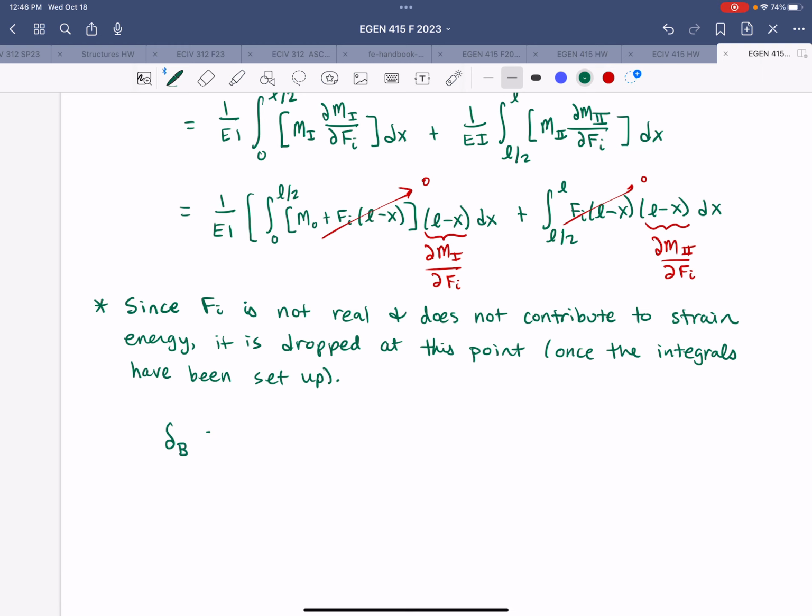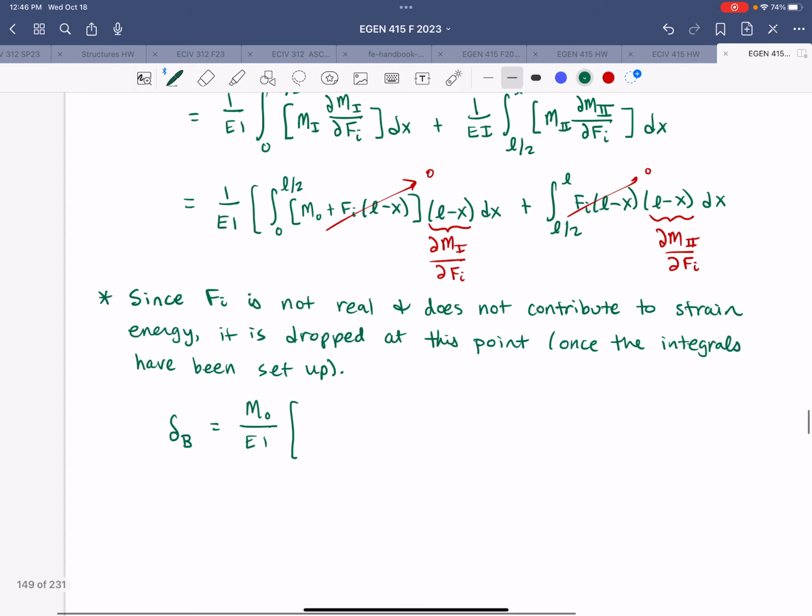So then our deflection at B is m naught over EI. Evaluating the integral after removing Fi from that expression, we'd have, in brackets, negative quantity (L minus x) squared over 2, evaluated from 0 to L over 2.